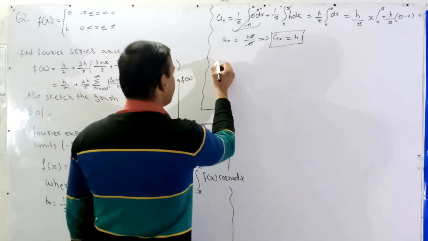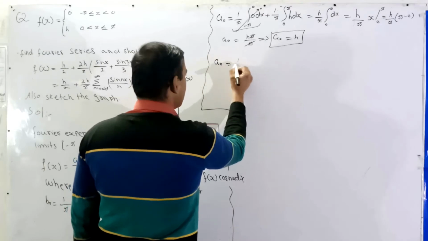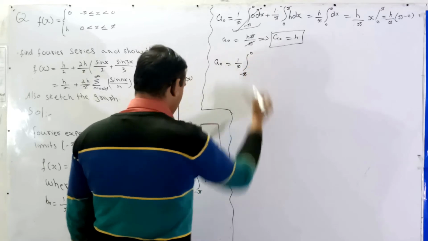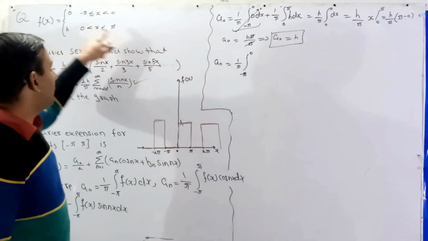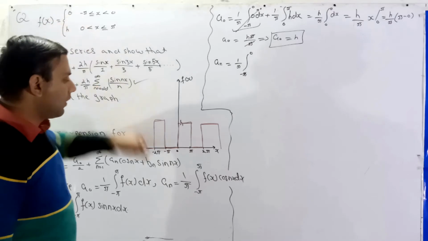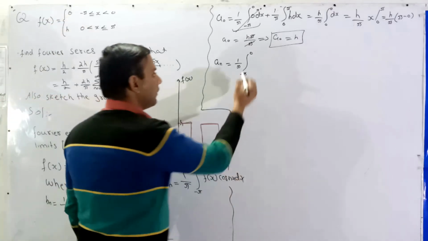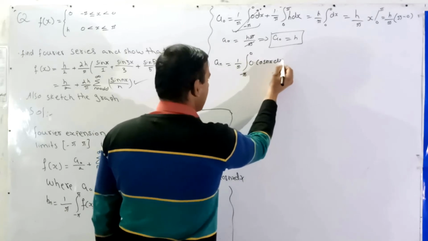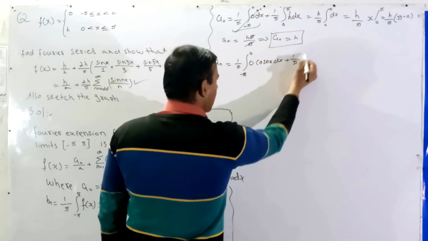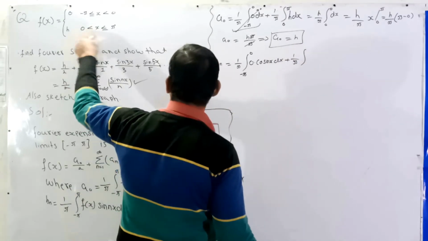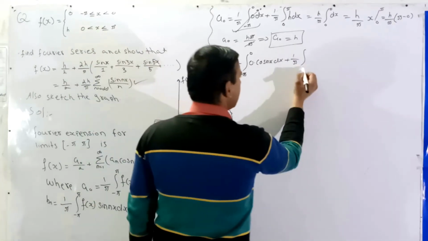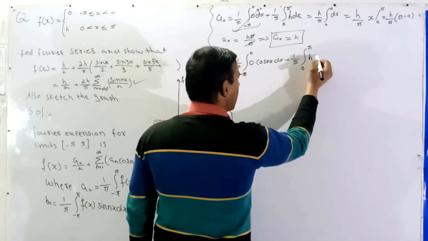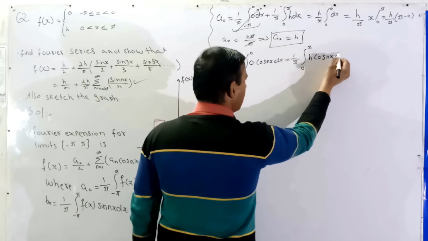A n is equal to 1 over pi integral minus pi to 0, and in this interval the value of f of x is 0, so we put f of x as 0 in this interval, cos nx dx, and then the second interval from 0 to pi, and in this interval the value of f of x is h, cos nx dx.